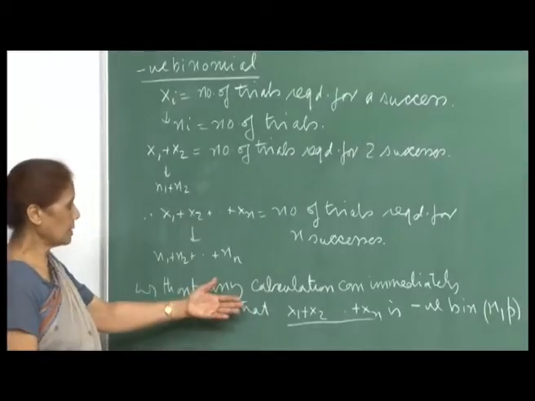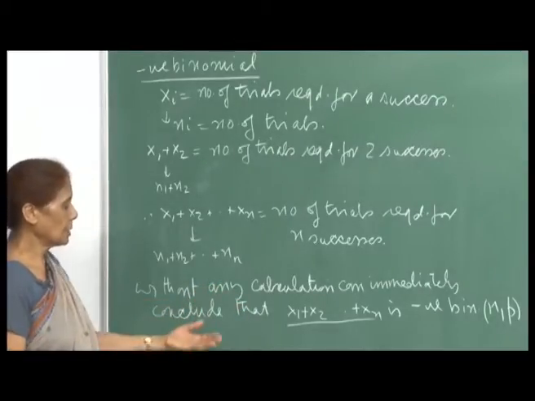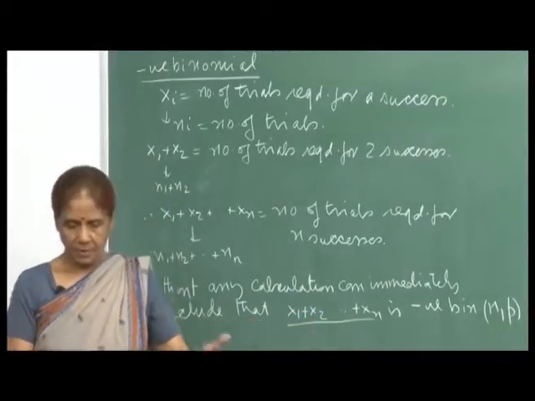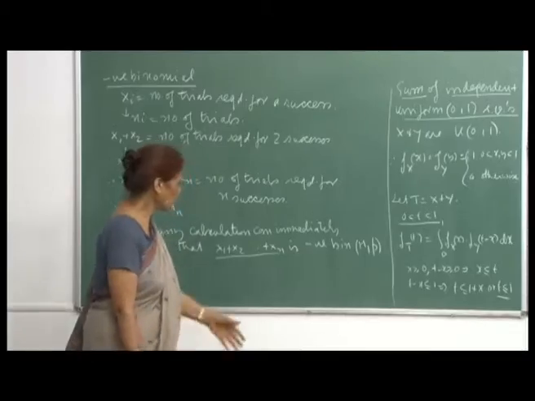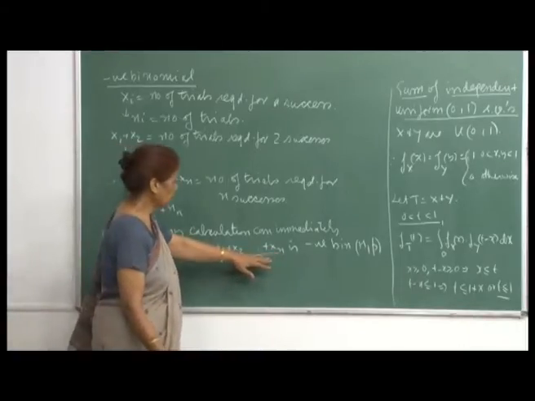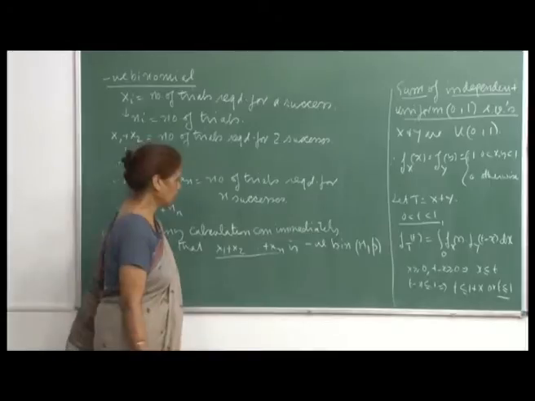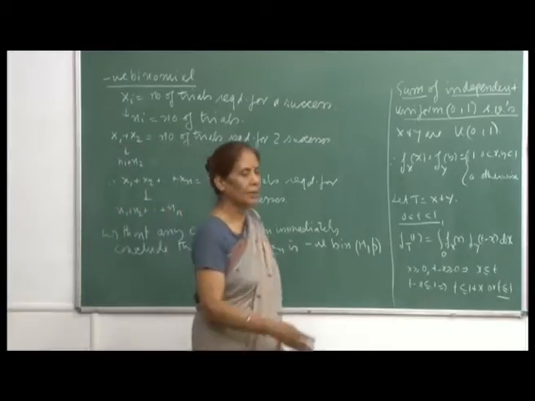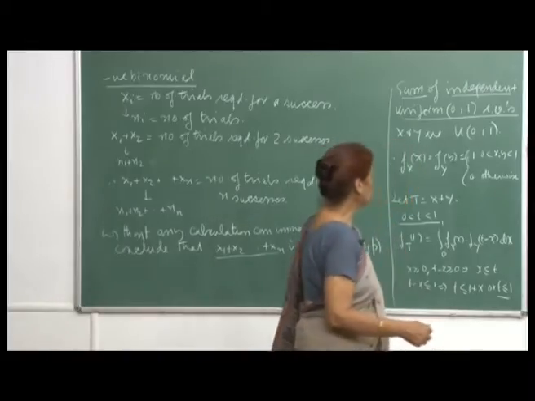So, just by saying it aloud, since each x 1, x 2, x n is an independent geometric random variable, when you add up, you can say that this will be a negative binomial n comma p. So, that is all. Here you really did not require convolution, right.